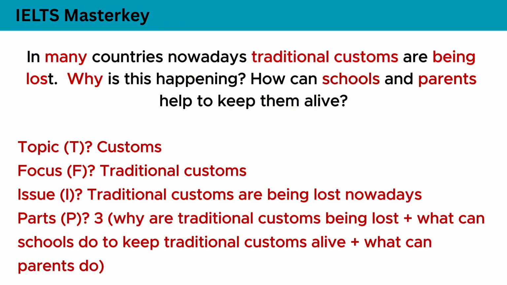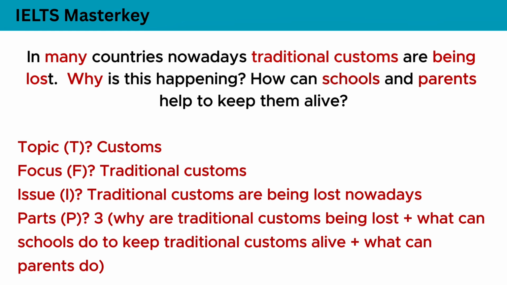So, although there are two questions here, this prompt actually has three parts because the second question has two components itself. The first question asks, why is this happening? So you have to talk about the causes. And then the second question says, how can schools help to keep them alive?